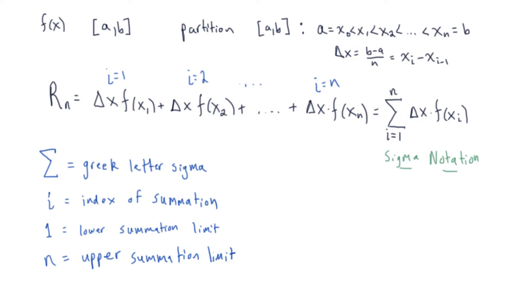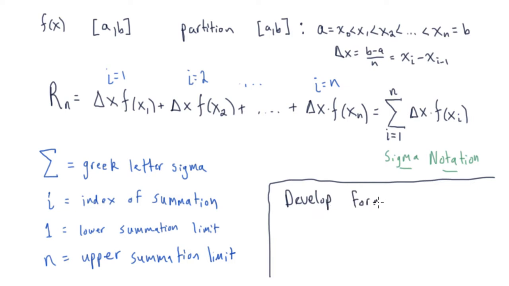And so our next goal is to develop formulas for common sums. So there are some special functions that come up with regards to this index of summation I that we want to just sort of be able to say, well, this is what it is. Okay, and you'll see what I mean in a second. But before we do that, let's actually just see a couple of examples.